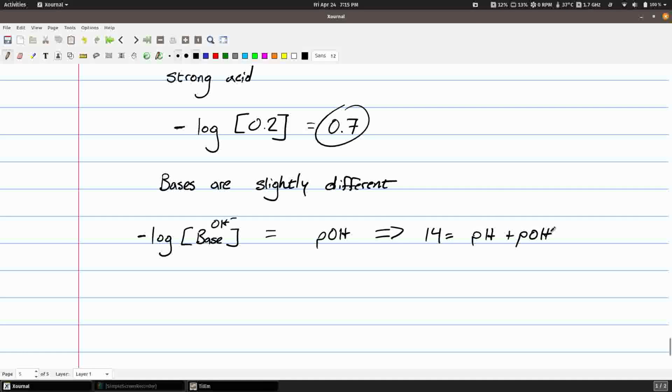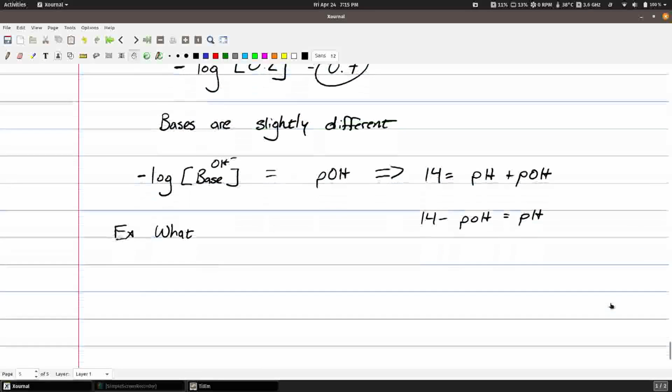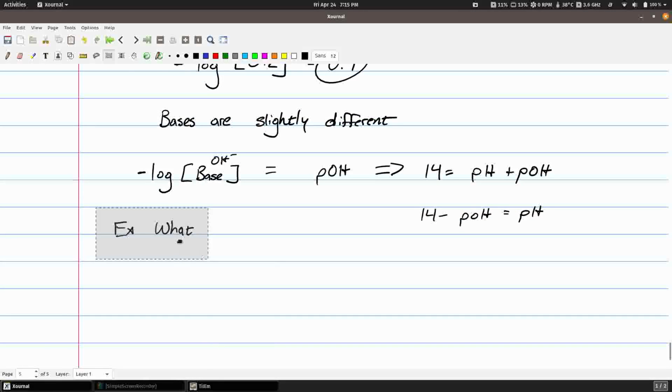So here's how we're going to do this. To get the pH, you would have to subtract this out. So it would be 14 minus pOH equals pH. Which, if you can imagine, is going to be super high.